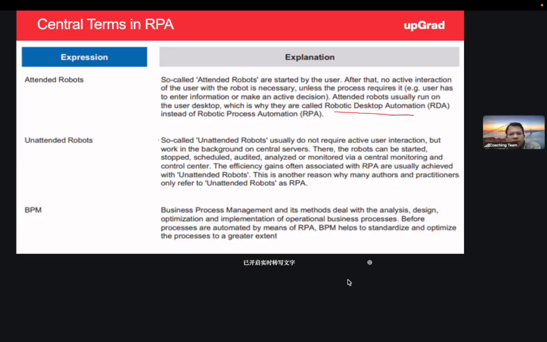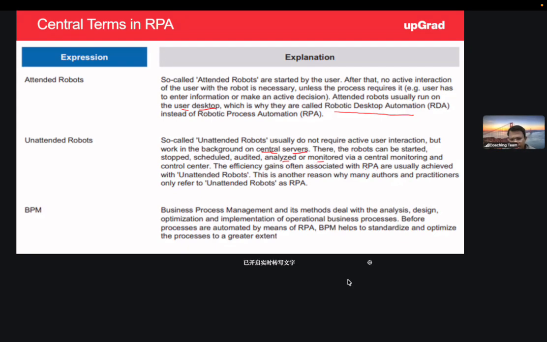Okay. Then comes unattended, which does not require active user interaction. It runs in the background and on central servers instead of the user desktop. So attended bots run on the user desktop. Unattended bots run on central servers. From there, you can start, stop, schedule, audit, analyze, and monitor via a central monitoring system.